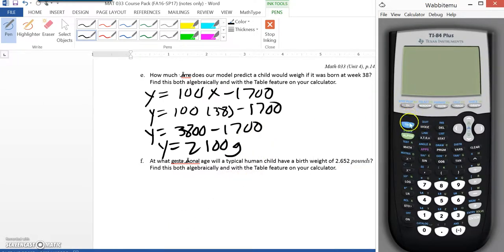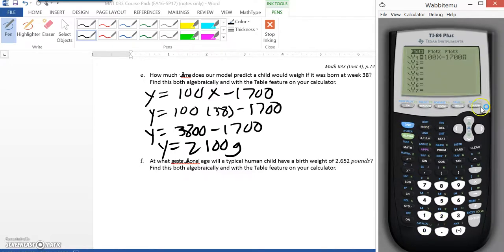Now, as far as your calculator is concerned, you have to hit your y equals key, clear out all these values, and type in the equation. The equation is 100x minus 1700.